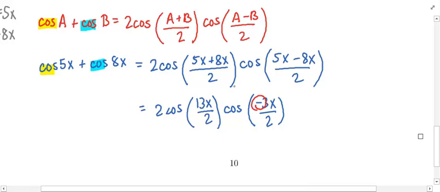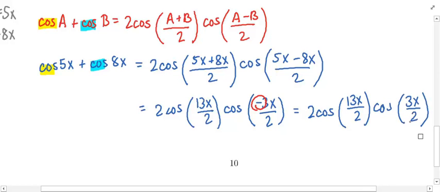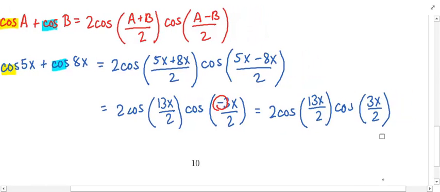Cosine is even, and remember, for an even function, the negative gets absorbed. So this is the same thing as 2 times the cosine of 13x over 2 times the cosine of positive 3x over 2. That is a final answer.